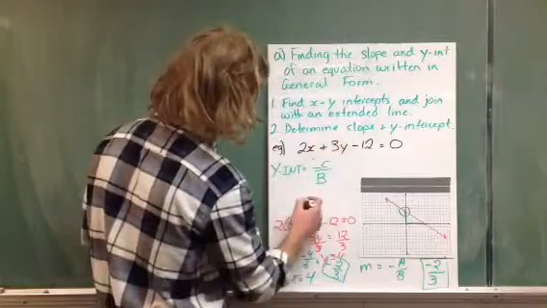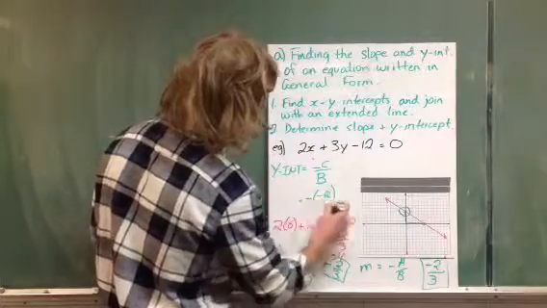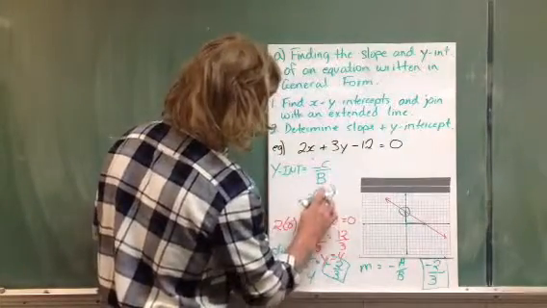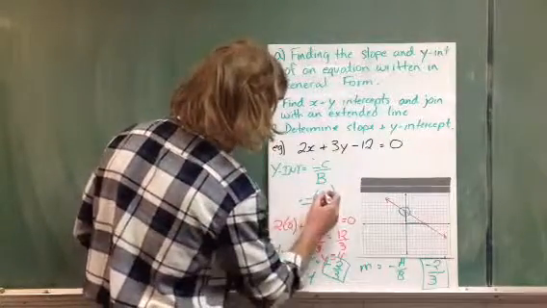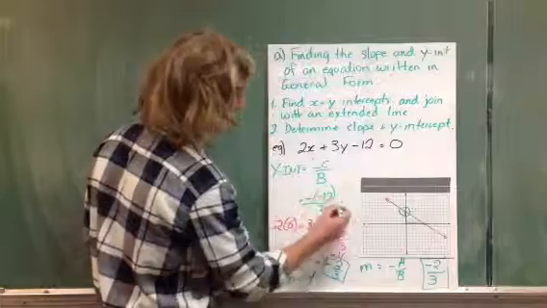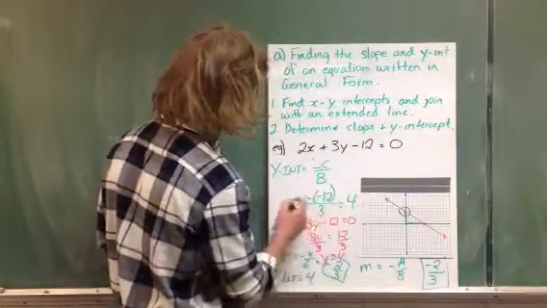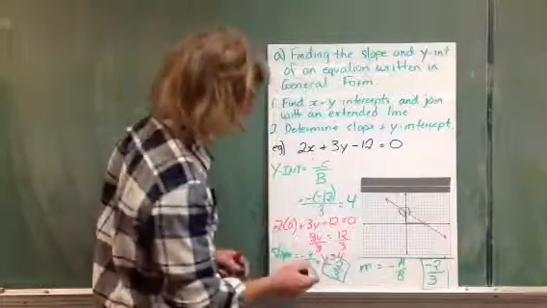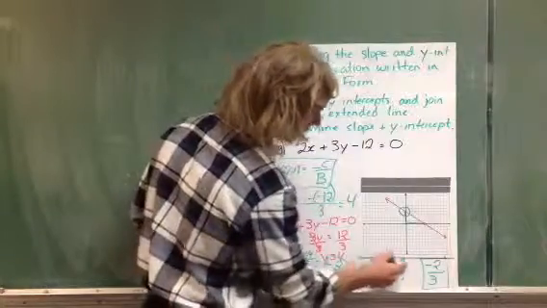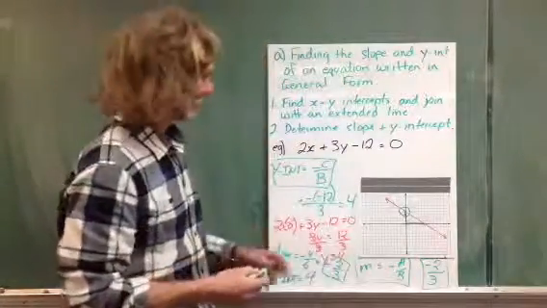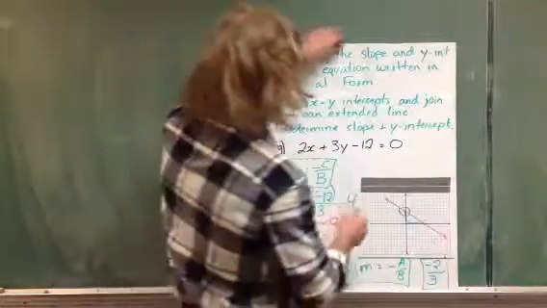If I plug in these numbers, I have negative, and c is negative 12 over 3. Sorry, that's messy. And that would equal negative negative 12 is positive 12 over 3 is 4. So the y-intercept is 4. It works. So these formulas are the formulas to find slope and y-intercept from an equation in general form.